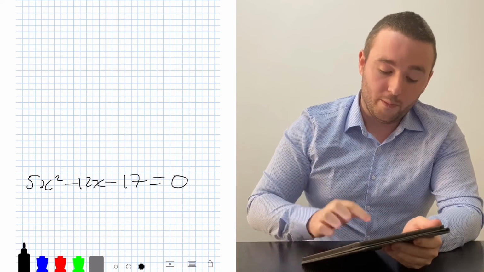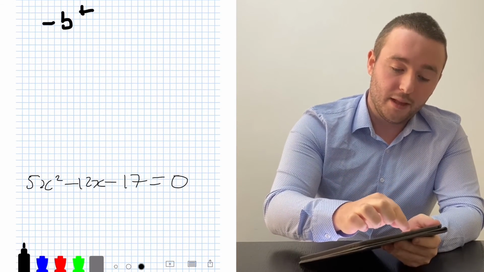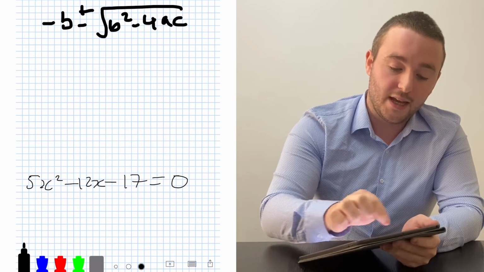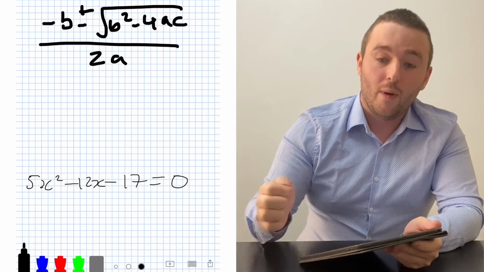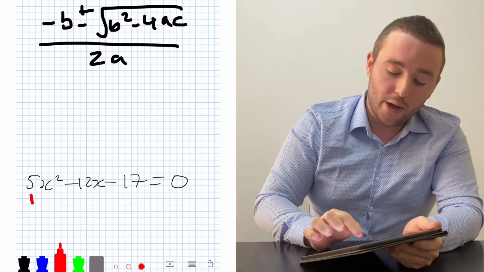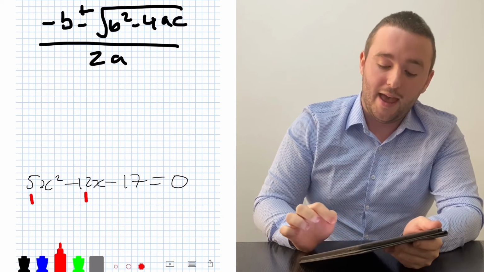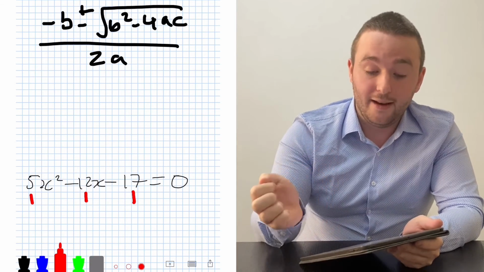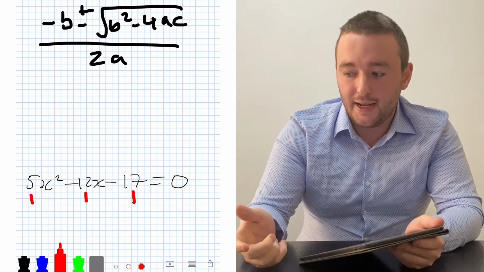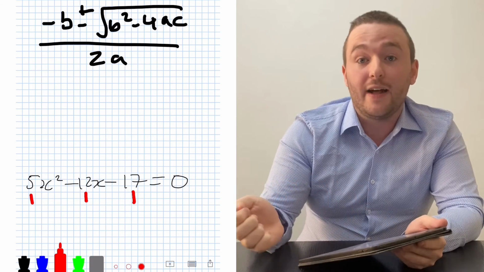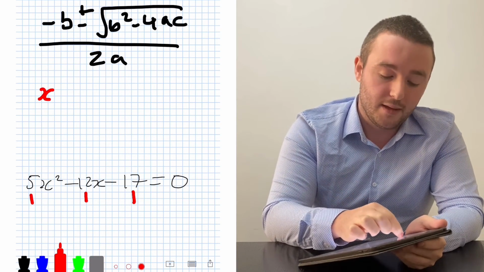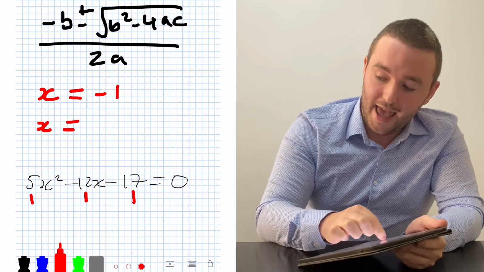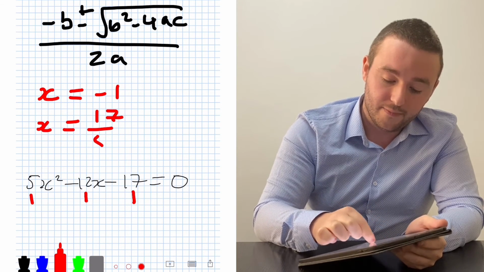The quadratic formula: x equals minus b plus or minus the square root of b squared minus 4ac, all over 2a, where a, b and c are your coefficients of x squared, x, and the number by itself at the end. When we put that in and throw that into our calculator, it spits out two different values when you use plus and minus. It gives us x equals negative 1 and x equals 17 over 5.